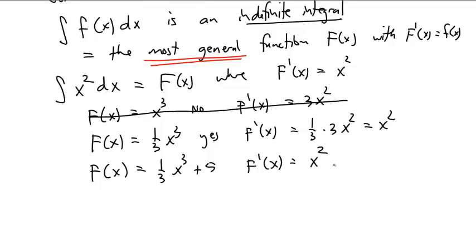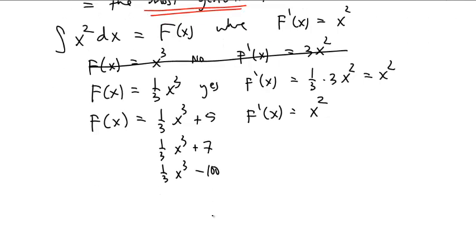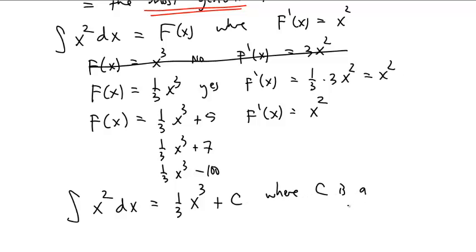In fact, we could have had 1/3 x cubed plus 7, or 1/3 x cubed minus 100. Any constant fits in there. So the most general answer is the integral of x squared dx is 1/3 x cubed plus C, where C is a constant.